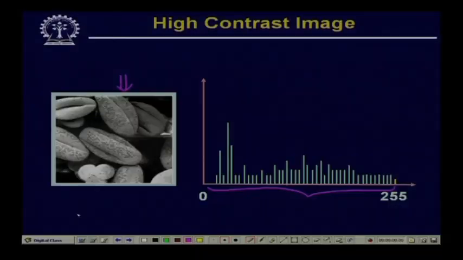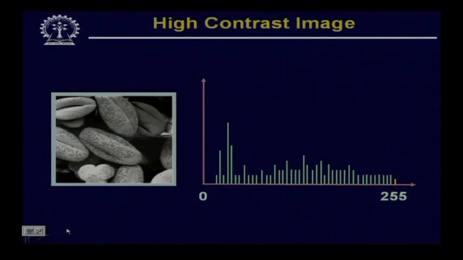So, when we talk about this histogram based processing, most of the histogram based image enhancement techniques try to improve the contrast of the image, whether we talk about histogram equalization or histogram modification techniques. These histogram based techniques, the histograms just give you a global description of the image.